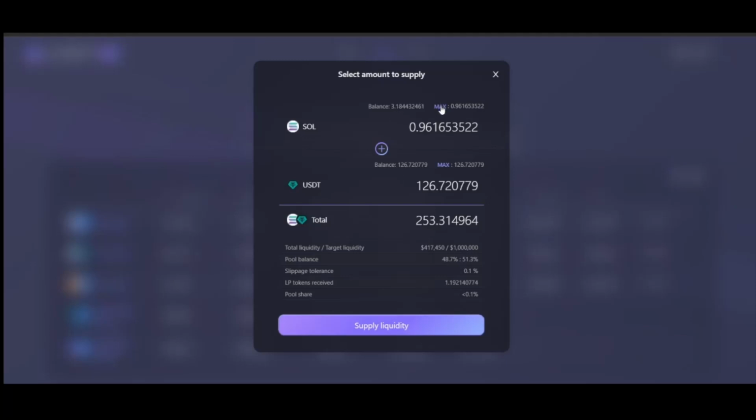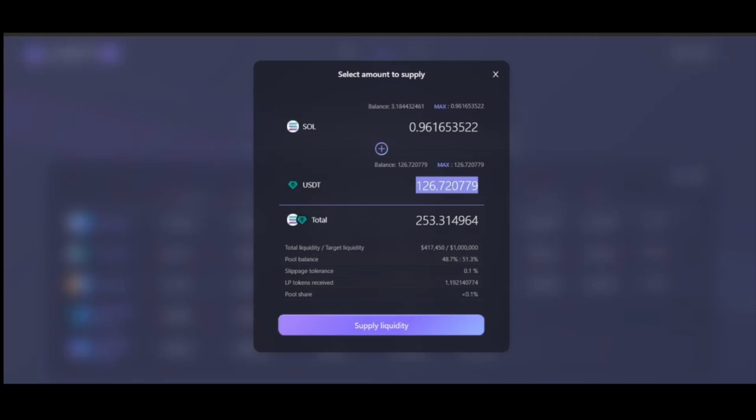So even if I click max for the Sol, it'll just choose the lesser of the two assets that I have, which in this case is USDT. So choose the maximum of USDT. This is all the assets that I have in my wallet. And then it matches that with the balanced amount according to the pool balance of Sol.